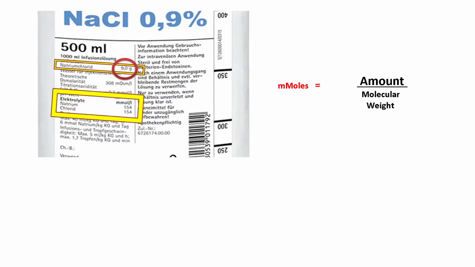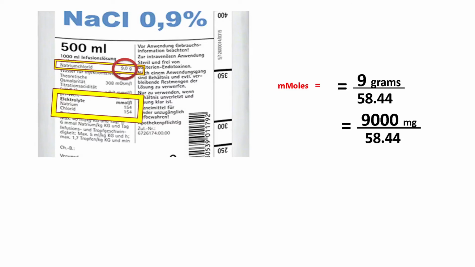So we put their respective values as 9 grams divided by 58.44, with 9 grams converted to 9000 milligrams since we are equating in millimoles. So 9000 milligrams divided by 58.44 will give the value 154 millimoles.